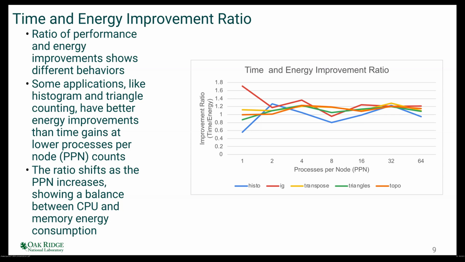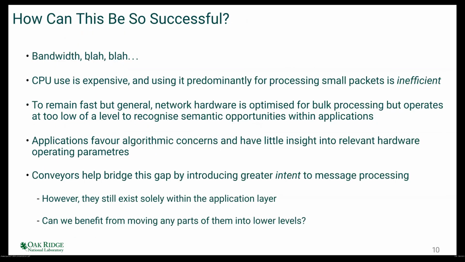And for clarification, the lines here above 1 are time is increasing at a faster rate than energy, and below 1 is energy is increasing faster than time, or improvements to it. So this is all nice, but how can this be so dramatically successful? So, first of all, we had the point about modern hardware and bandwidth.